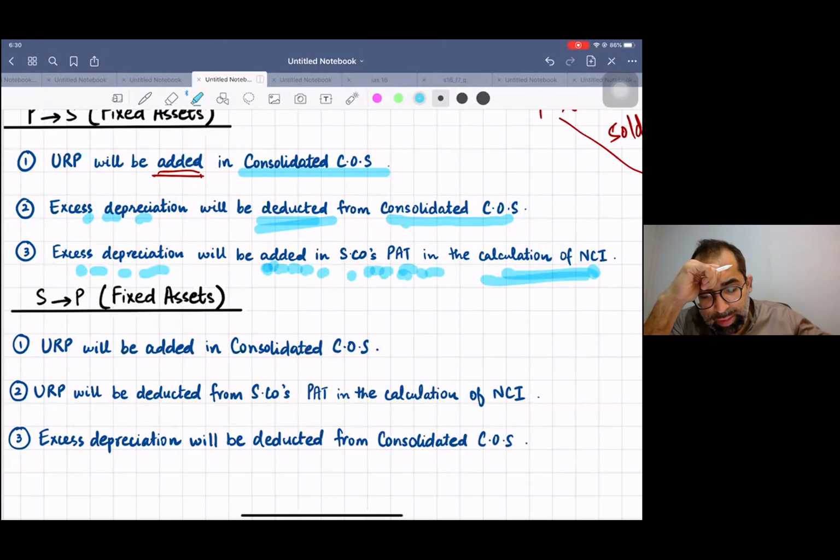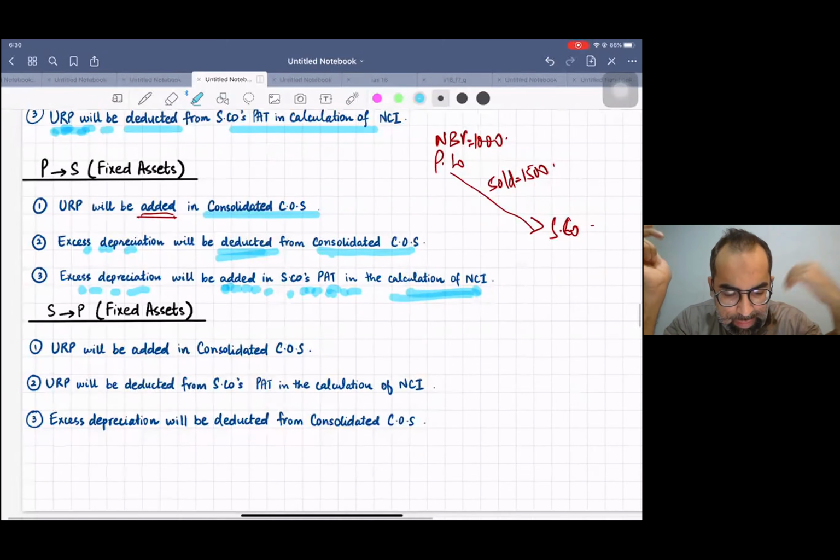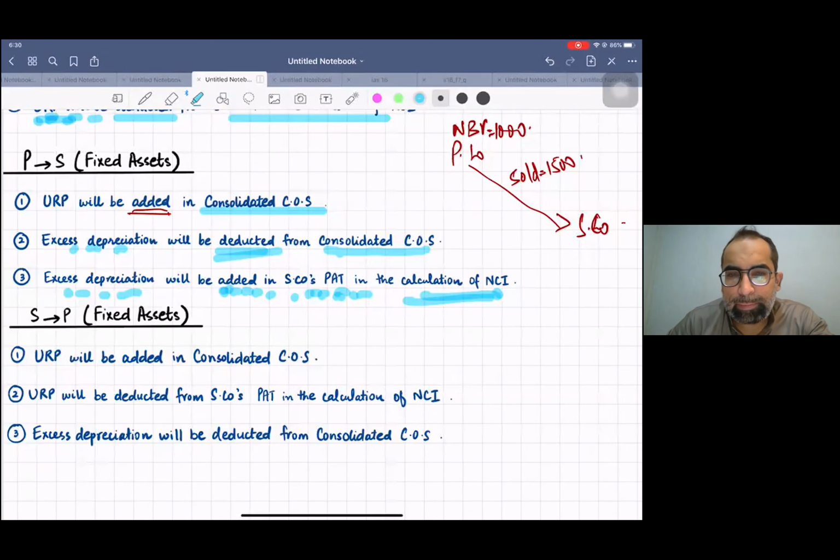Okay, so these are the steps for P2S sale of fixed asset. Now just simply reverse it for S to P. For S to P you read it.